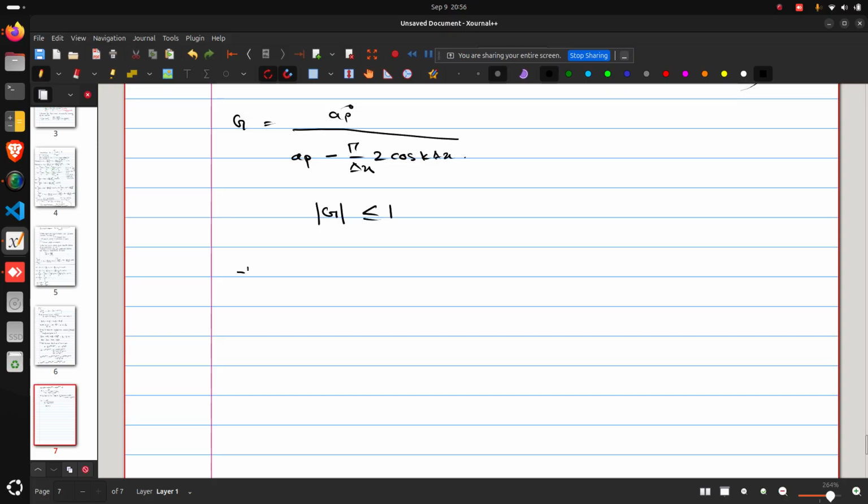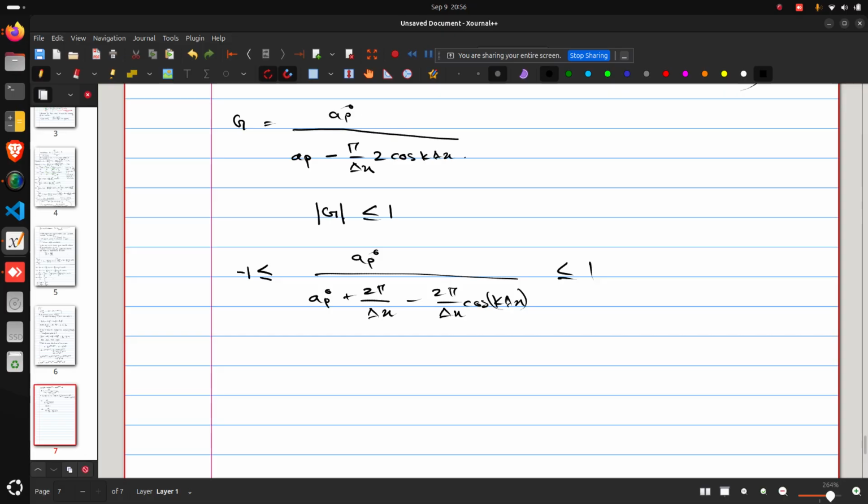It tells us that minus 1 is less than or equal to AP naught by AP naught plus 2 gamma by delta x minus 2 gamma by delta x cos k delta x. Okay, this part is clear. I just expanded the AP term to get this.